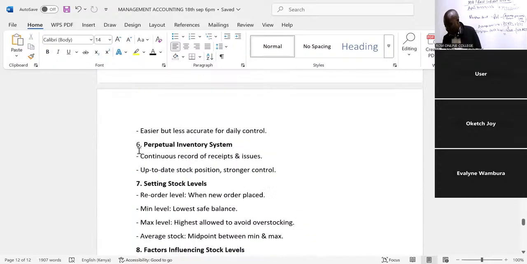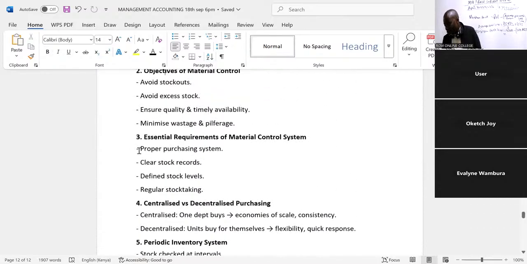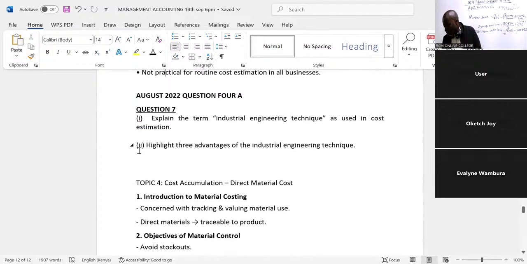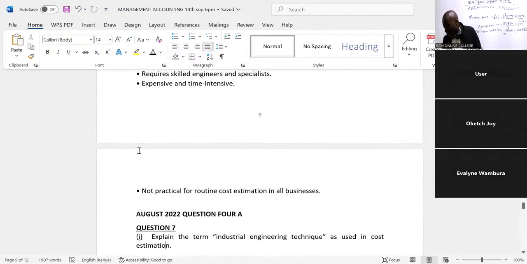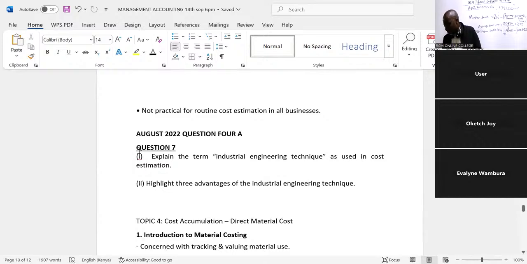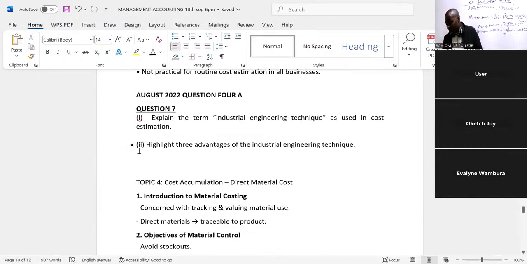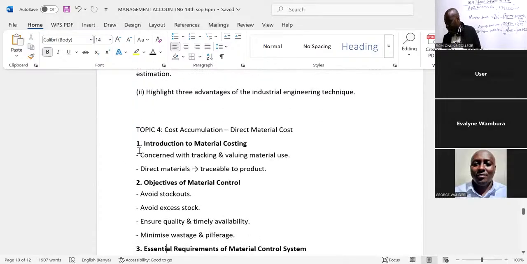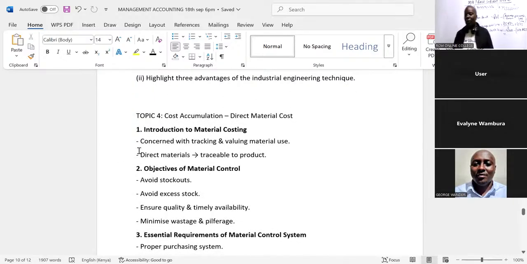If you go to the last pages, it is not numbered, but you'll see topic number 4, cost accumulation, direct material cost. Have you seen the handout? All right. So, of course, these notes are highly summarized, but they'll help you to pass your paper. So, introduction to material costing.